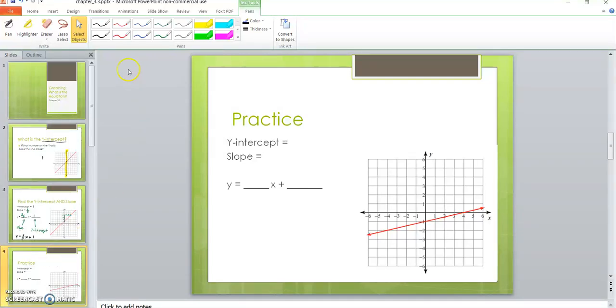Let's try another one. The first thing that I'm going to do is find out my y-intercept. I'm going to follow my line, and it's going to intersect or cross the y-axis at -1. So my y-intercept is -1.